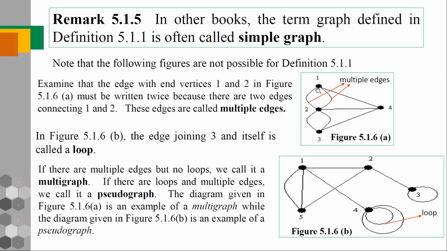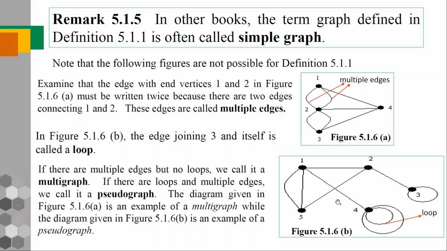Here, vertex 1 and vertex 2 are connected by two edges, so this is called multiple edges. Also here, vertex 2 and vertex 3 are connected by two edges. So this is also called multiple edges.